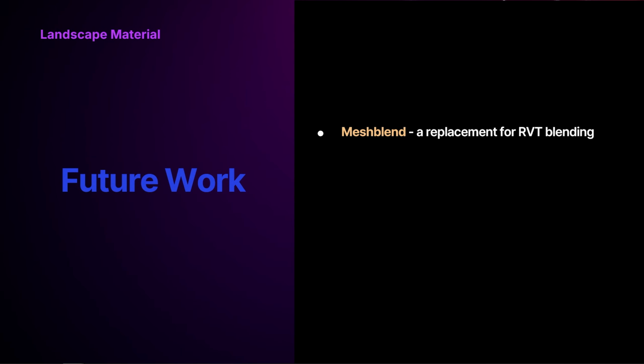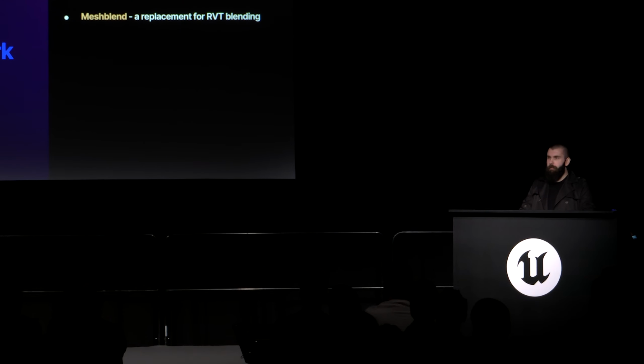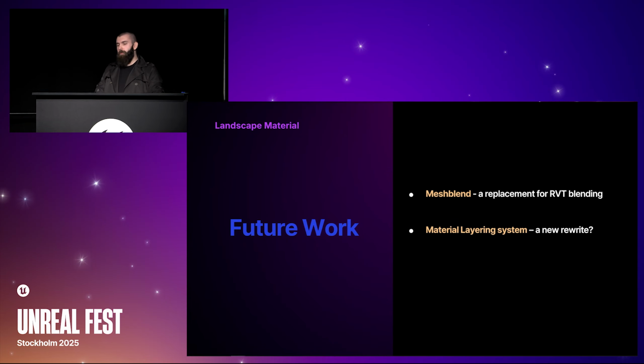Now, future work that we want to do is implement Mesh Blend. Shout out to Tore. It is a replacement for the RVT blending that we are currently missing, and we'll also add additional interesting blends even between the meshes themselves, not just the landscape. Next, I'm going to look into the material layering system again and possibly figure out a way to bring landscape material to the material layering system for ease of use for our artists.